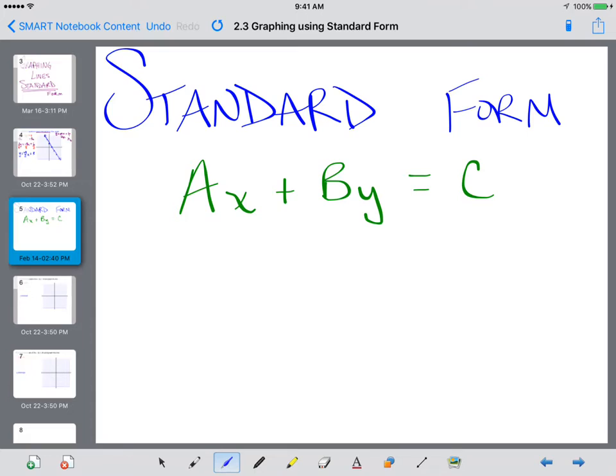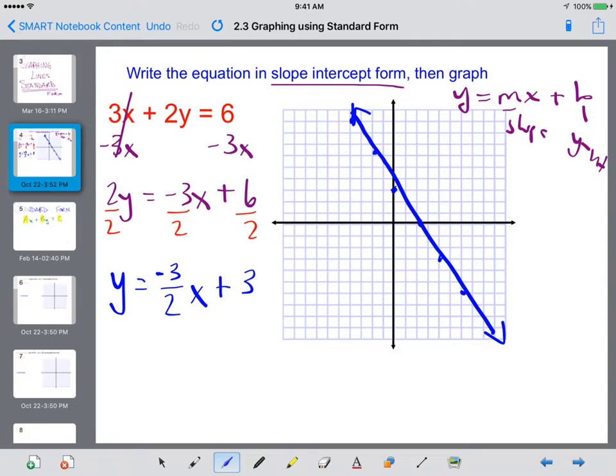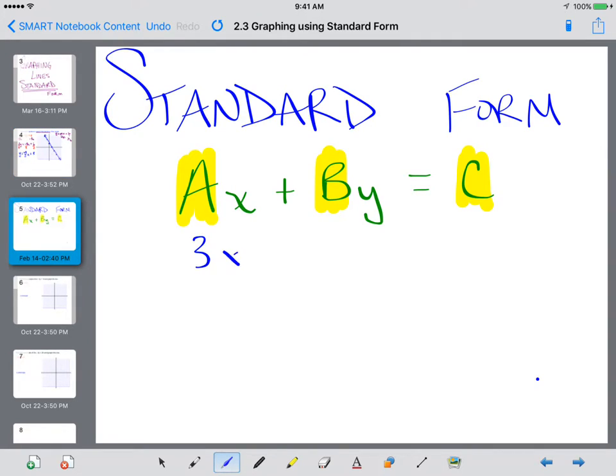In what we call standard form, that is where we have ax plus by equals c, where a, b, and c are numbers, just like how our example started the previous screen. It was, what did we have? It was 3x plus 2y equaled 6.